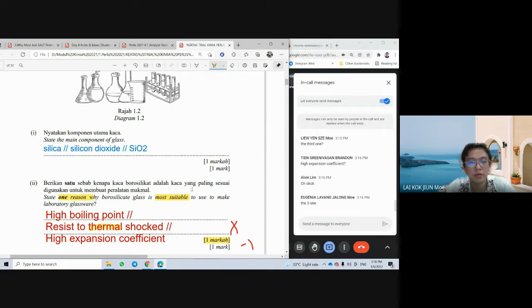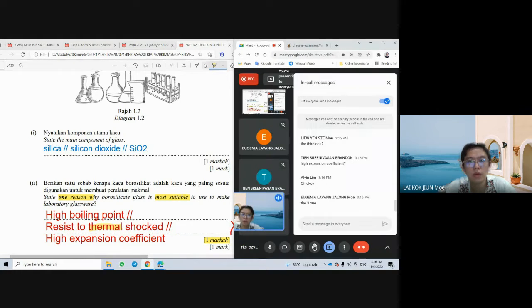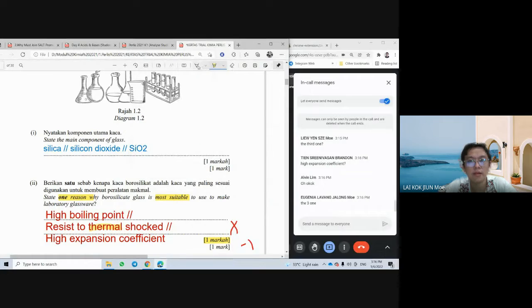High expansion coefficient is very good, or what is the wrong, Eugenia? So what should I modify? This one. High coefficient expansion. Oh, low thermal expansion coefficient.